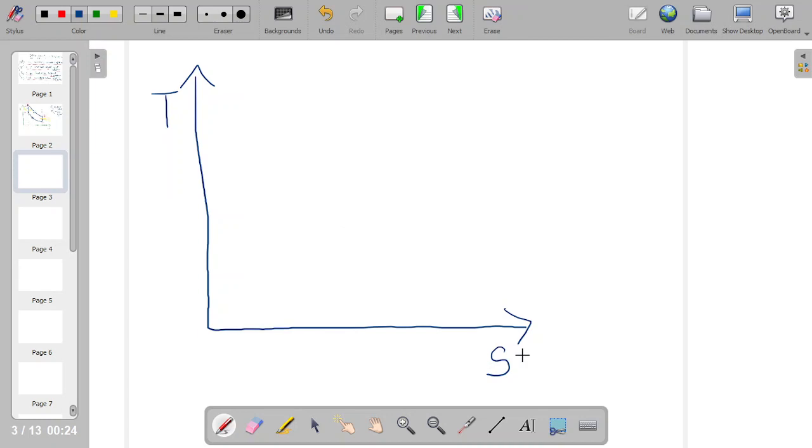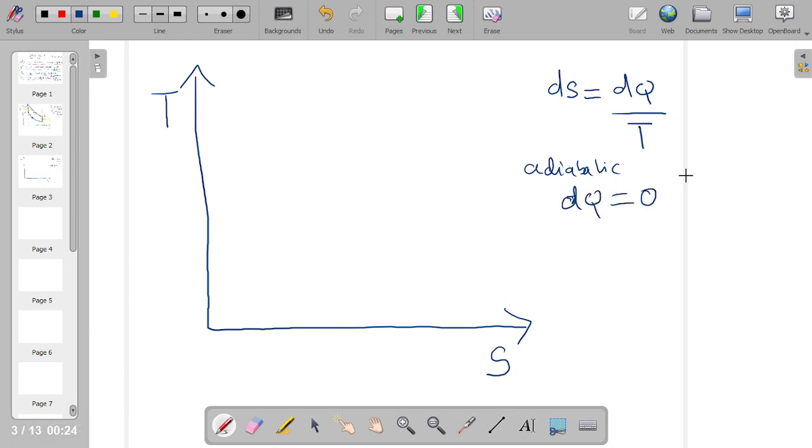But what about entropy? For that we have this small equation in thermodynamics: for a reversible process, the entropy change ds is equal to dq by T. And for an adiabatic process, our first process being adiabatic compression, dq will be 0. Then what will be ds when dq is 0? 0 by T is again 0.